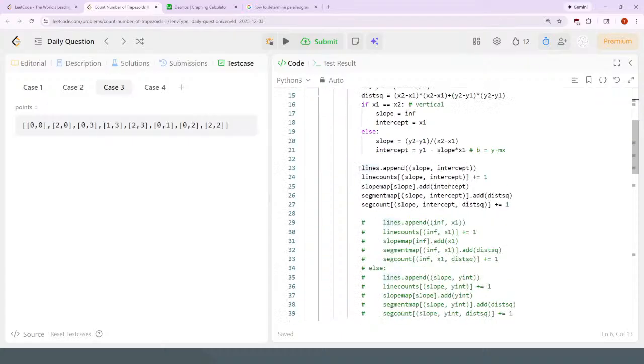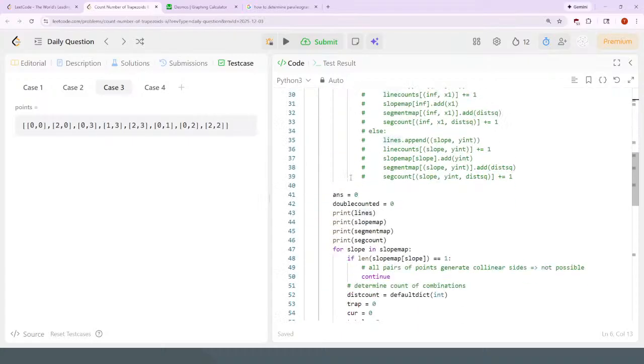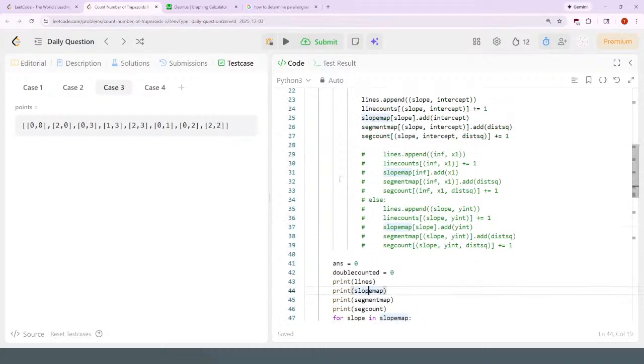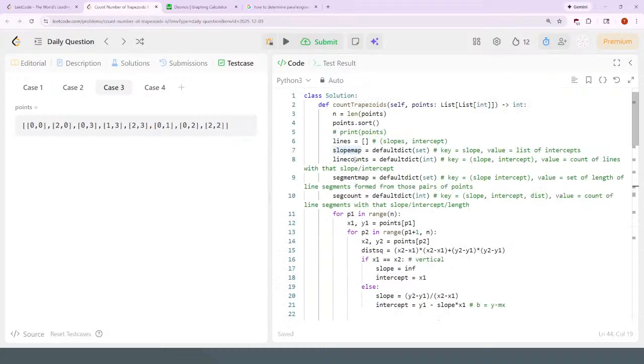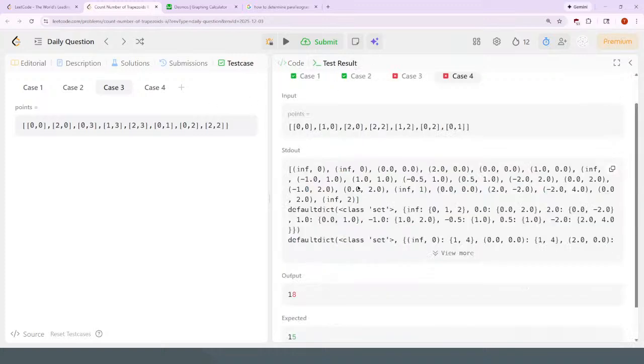And then the next thing I printed out was the slope map. So this should map the slope to the set of intercepts that can be obtained with that slope.